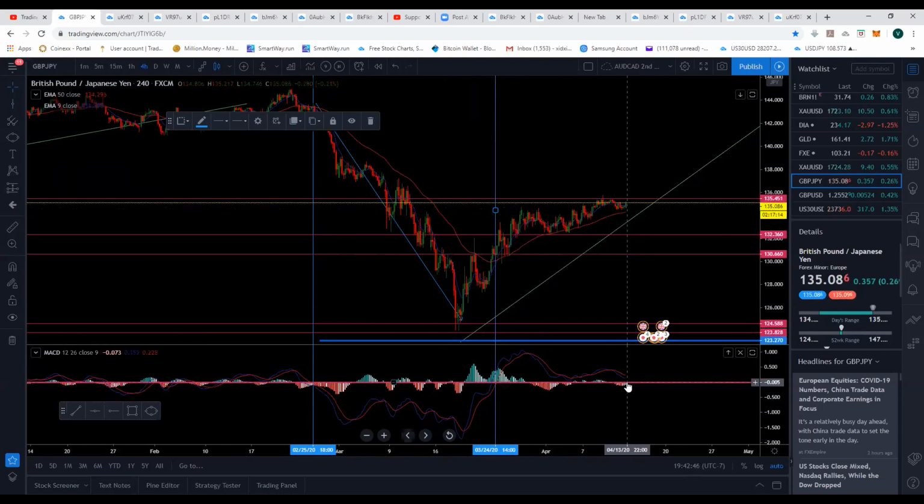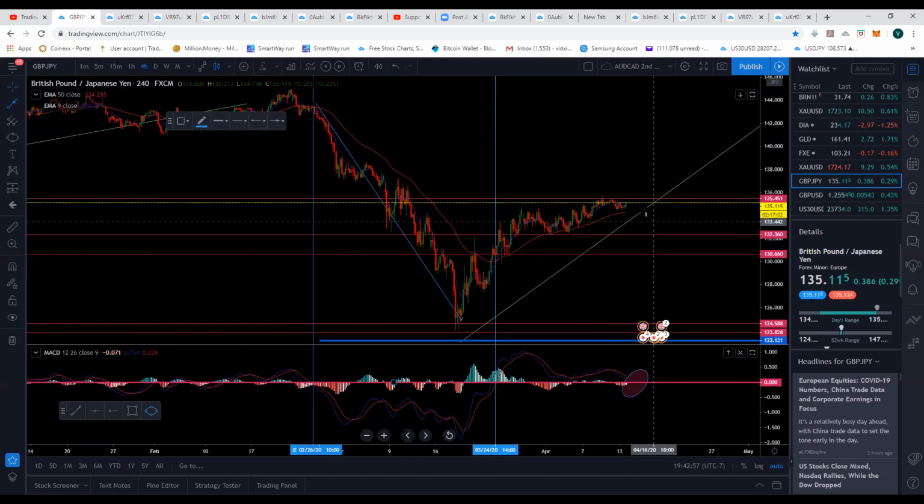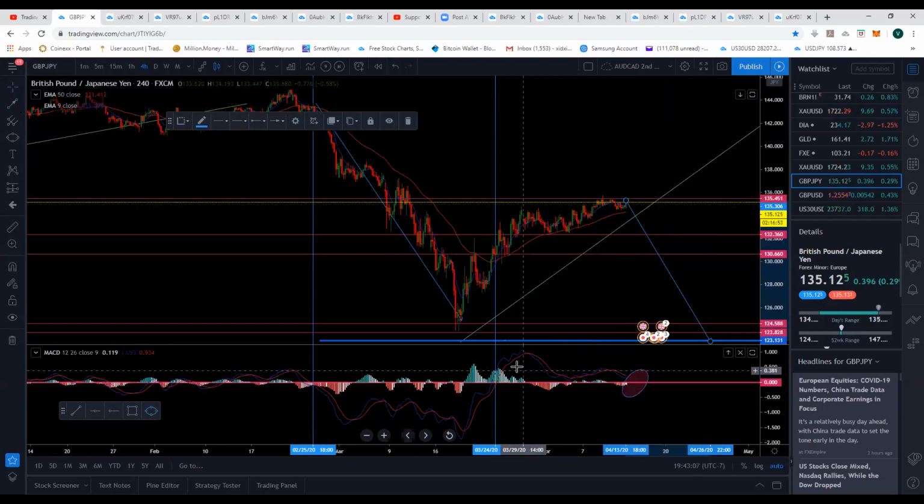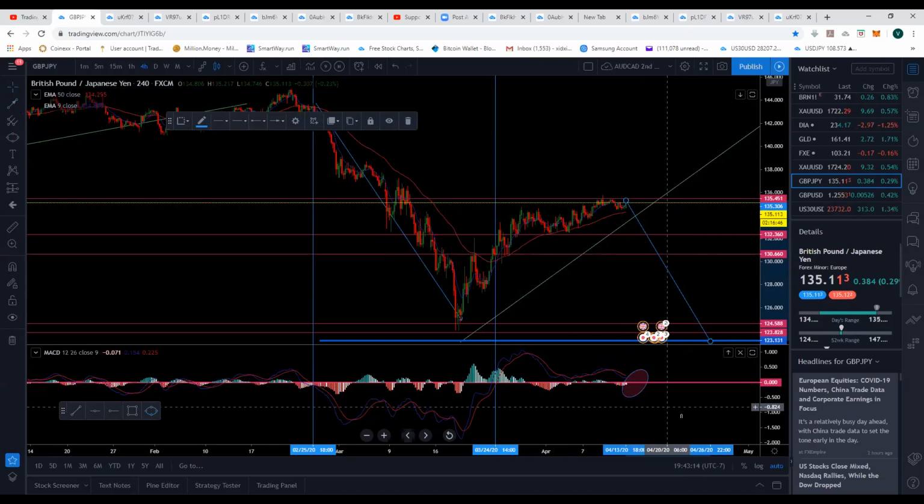So basically we're waiting for price to cross this 0 line to give us that confirmation for the continuation to the downside. So we want to wait for these EMAs to cross, as well as your moving average indicator, to show that price is actually going to retest this 0 line and move back into a downtrend.